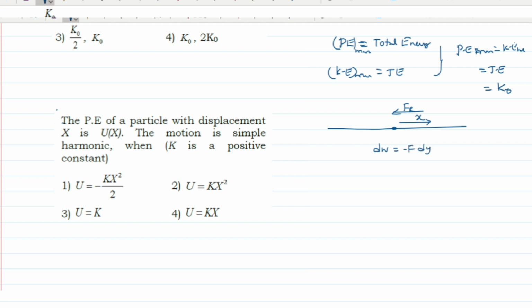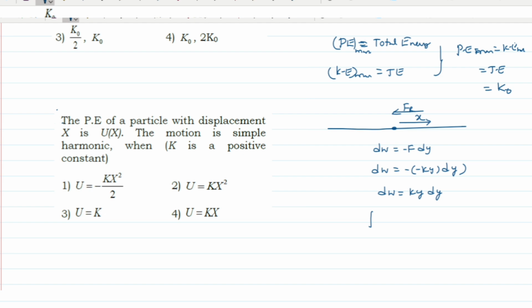Taking the restoring force formula F equals minus ky, dW equals ky into dy.